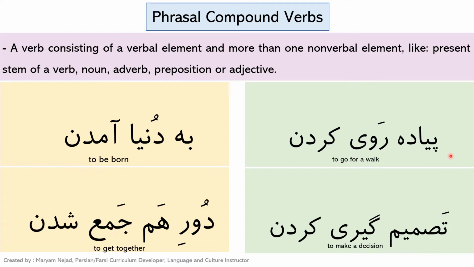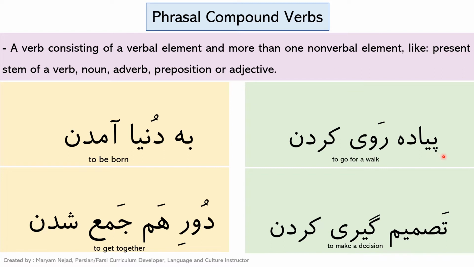So this is a phrasal compound verb, meaning that this verb is constructed from a verbal element, like a simple verb, and then two non-verbal elements. So we don't have only one non-verbal element, we have more than one. Here we have two.